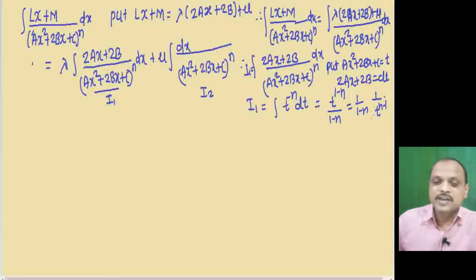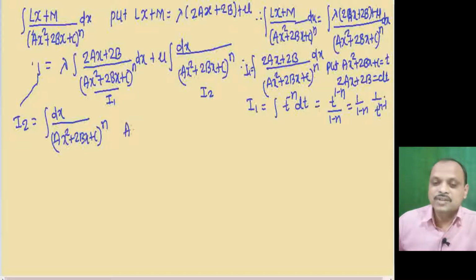Okay, so we get the integration I1. Now I2 equals the integration of dx divided by (ax square plus 2bx plus c) whole raised to n.